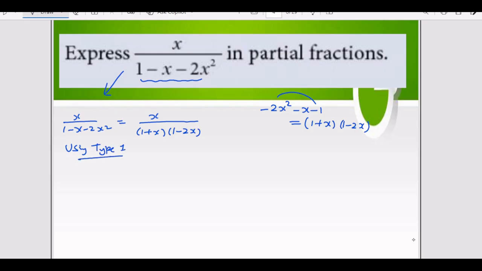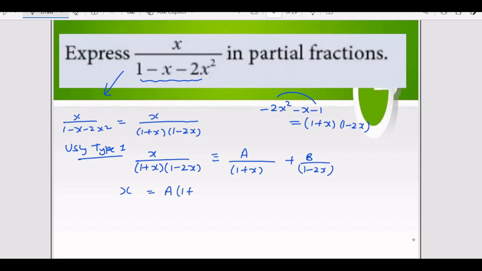So we have x over (1 plus x)(1 minus 2x) is equivalent to A over the first factor plus B over the second factor, right. So now we will cross multiply. So this gives us x equals A. With practice you will learn, you can skip some of the steps here.